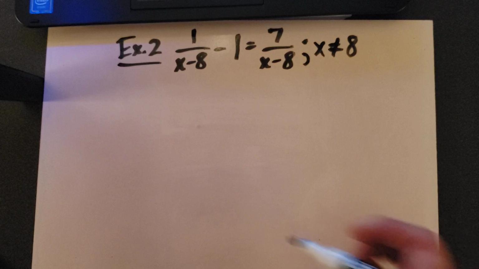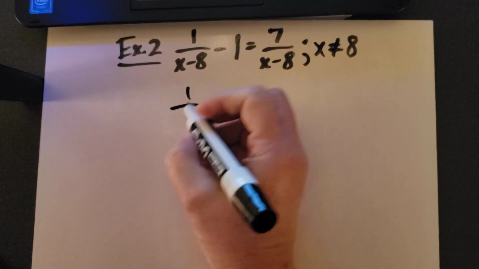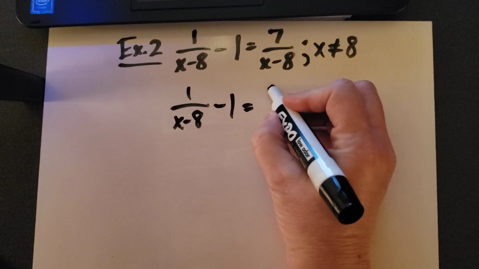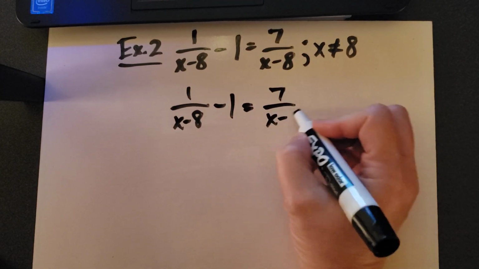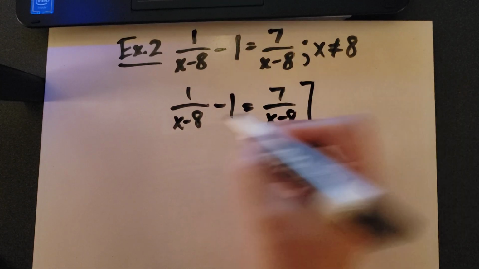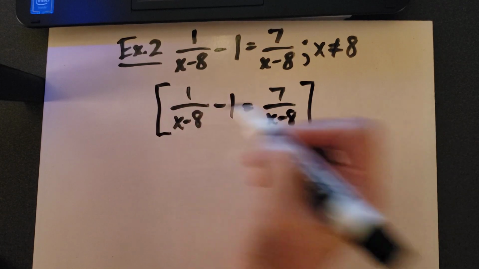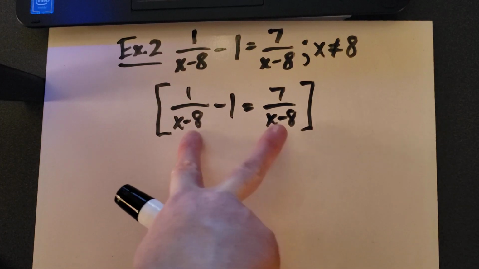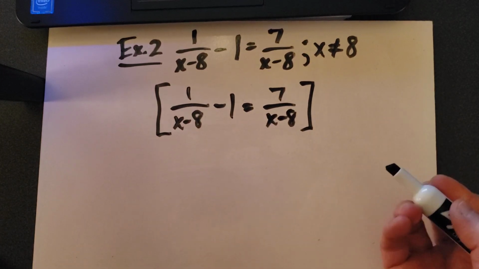Okay. Step 3, we're going to rewrite our equation, put a bracket around it, and multiply by the LCD, the least common denominator. Now, this is where a lot of people try to make the problem more difficult than it is by saying, oh, I must have to multiply by x minus 8 times x minus 8.